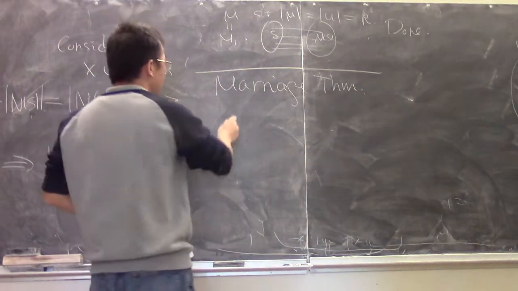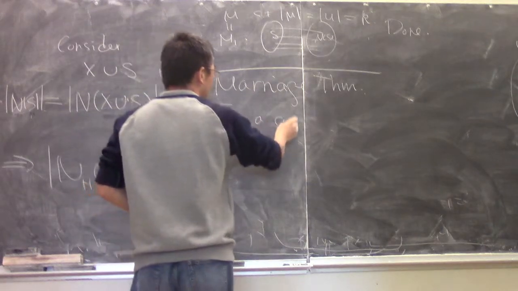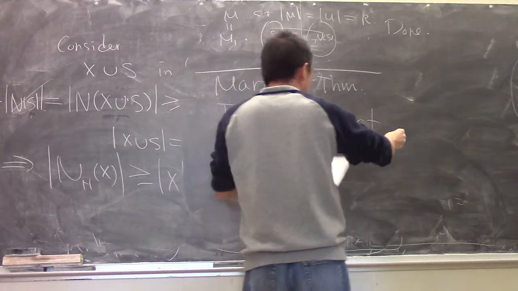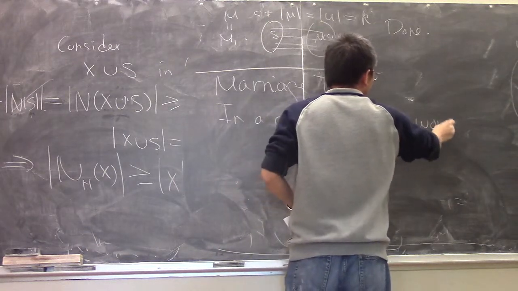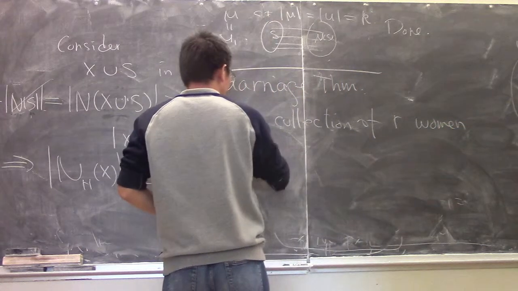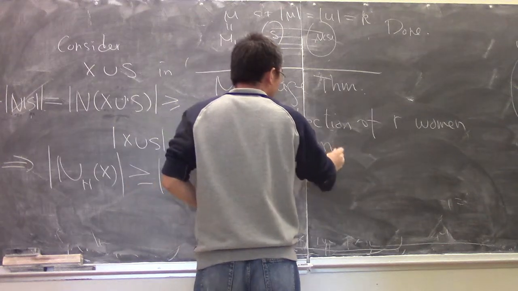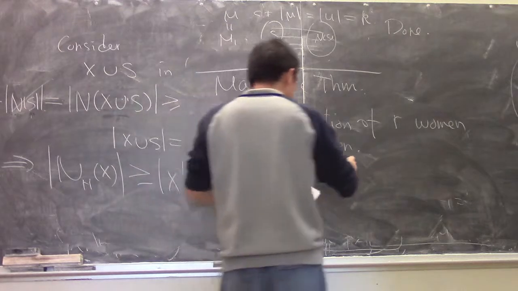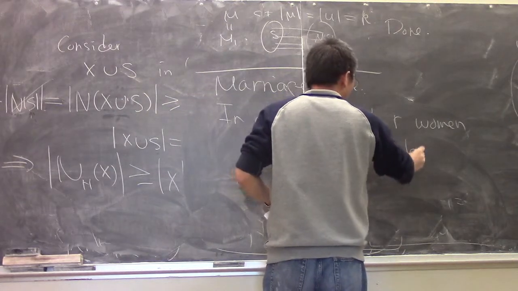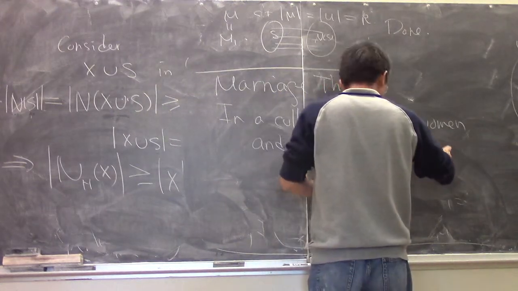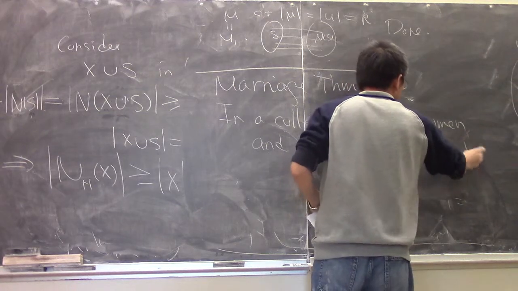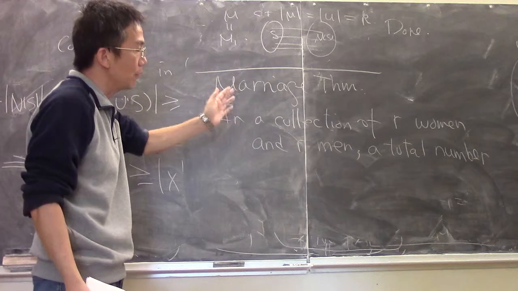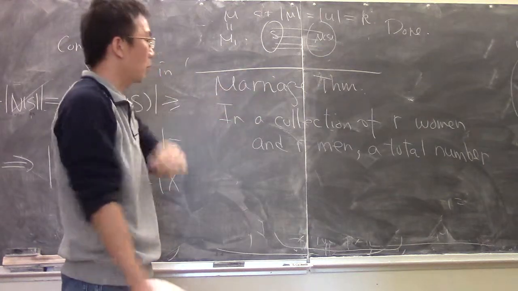So now assume there's a collection of r women and r men, and I want to find a perfect matching, a total number. So of course if I want to do a marriage, right? Every woman pairs with one man.